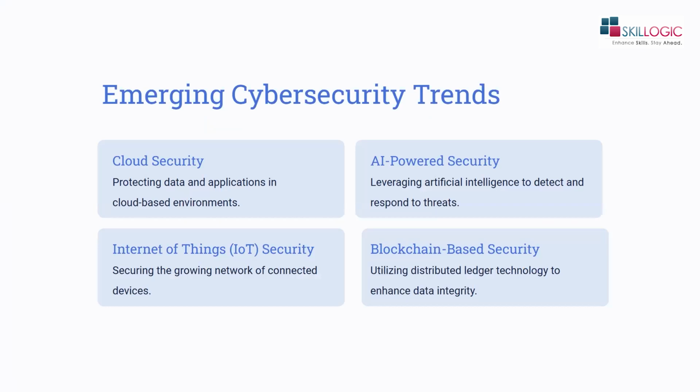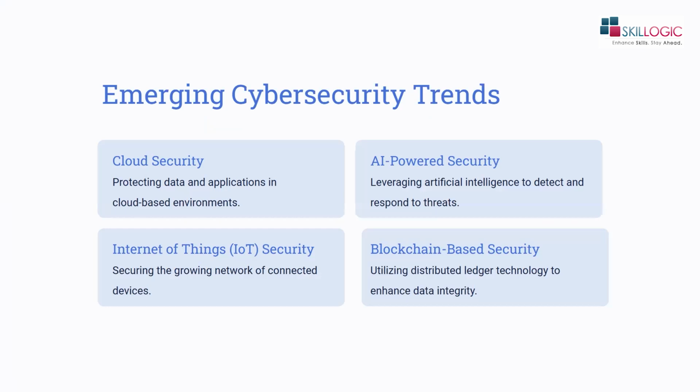When it comes to emerging cybersecurity trends, as I told you, artificial intelligence is one of the wonderful fields where we can easily detect anomalies. We also have cloud security. Very important is our sensitive information; if we are storing it in the cloud, it has to be secured.